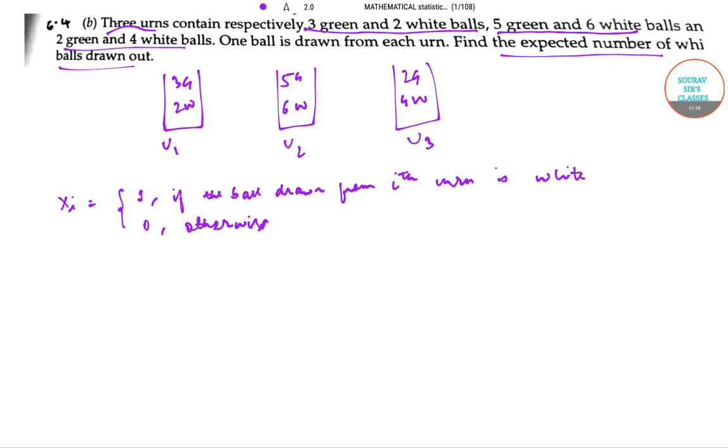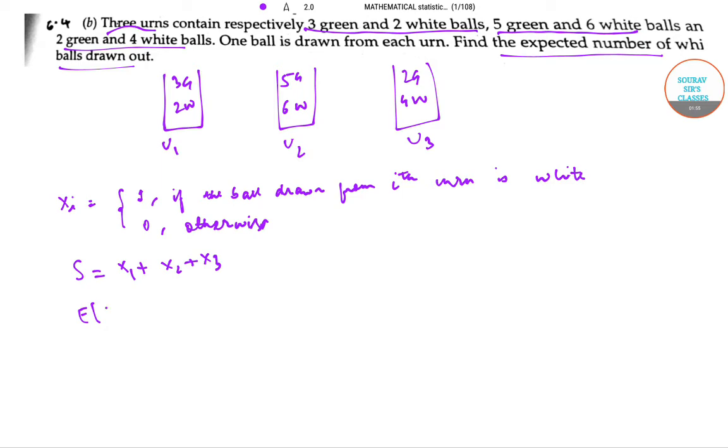Now let S be the sum of all the xi's. So S is equal to x1 plus x2 plus x3. So now we need to find out the expected number of white balls drawn out.